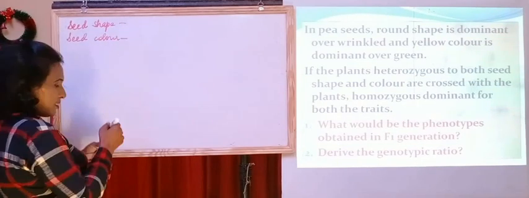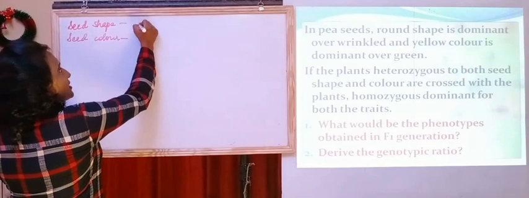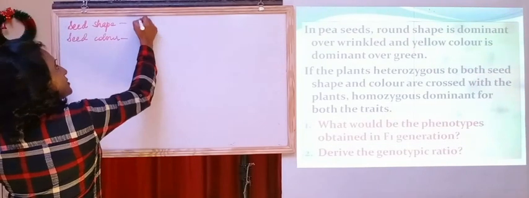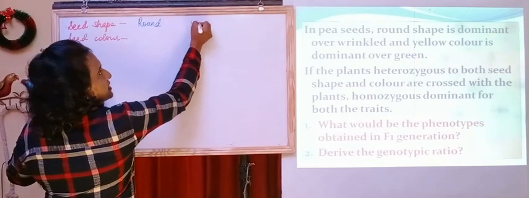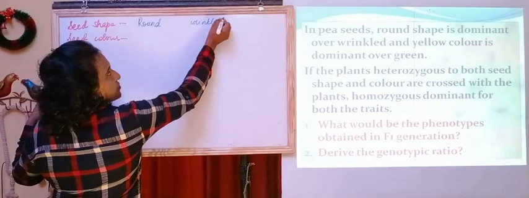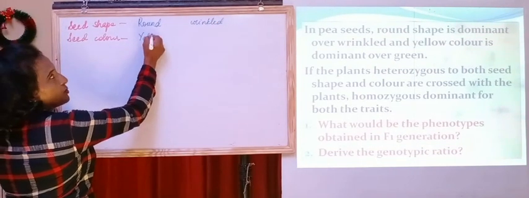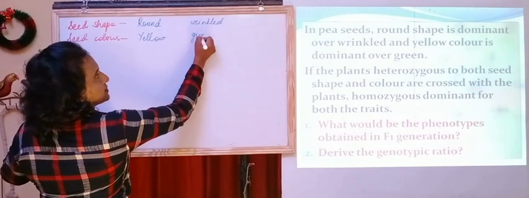Now in seed shape, we know that round is dominant over wrinkled, and in seed color, yellow is dominant over green.